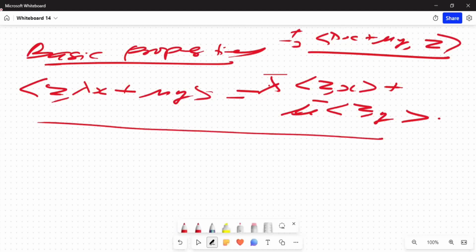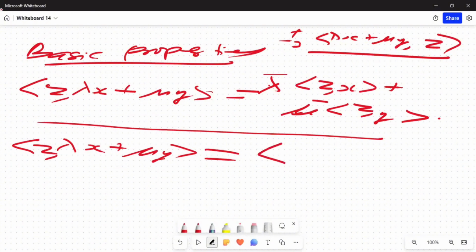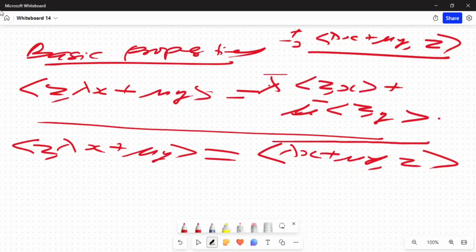So to prove this is very simple. Recall that the inner product of z comma lambda x plus mu y, if you want to change the coordinate, remember what we said. We can do so, in other words, I have lambda x plus mu y and then z, provided that we do conjugate.